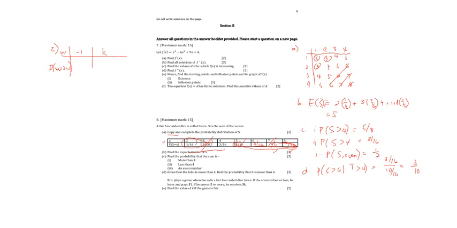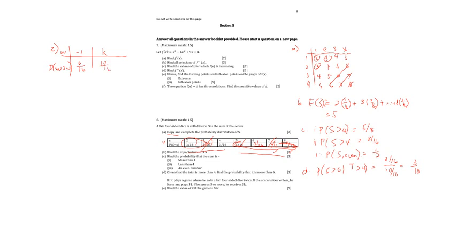If the score is 4 or less, 3, 4, 5, 6 out of 16. And he gains K if 5 or more. So 5 or more, 4, 7, 10 out of 16.